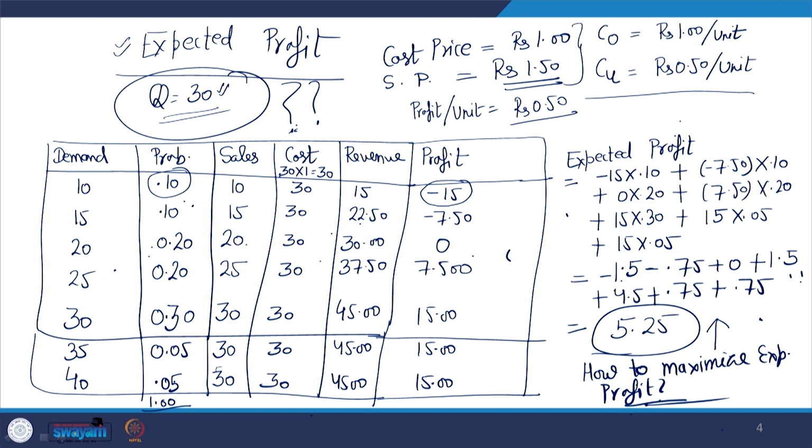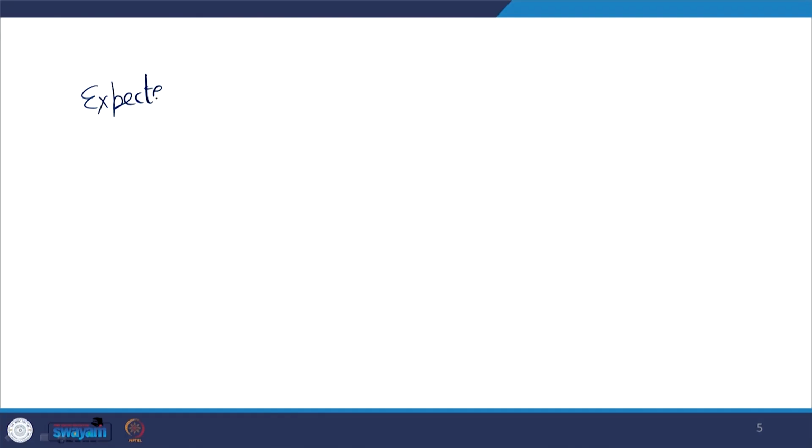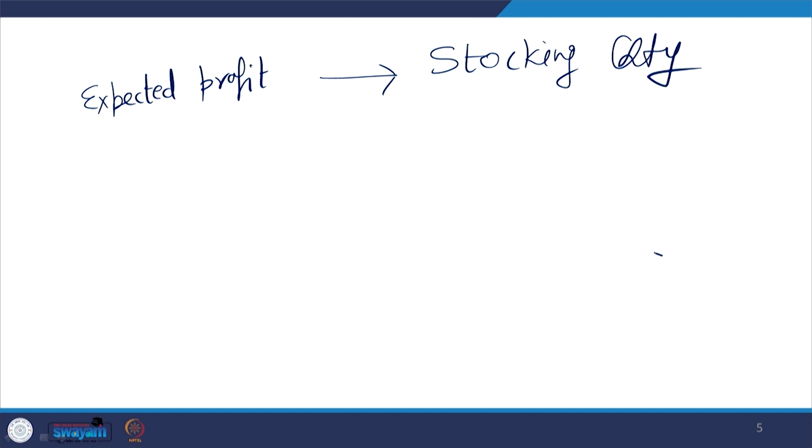So, that is what we are going to do in this particular case. The expected profit is dependent on the stocking quantity. So, I have to determine that level of stocking which balances my CO and CU.